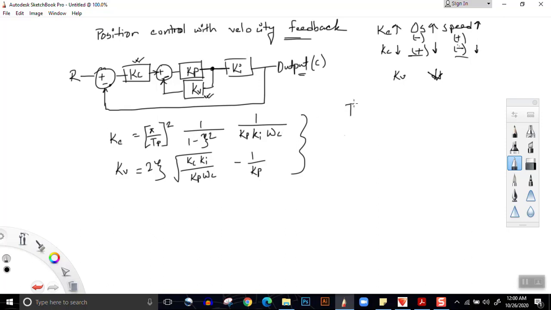Firstly, we know the rise time Tr is proportional to 1 by omega d. If Tr is proportional to 1 by omega d, we have known that omega d is equal to root over (k omega c minus omega c square by 4).